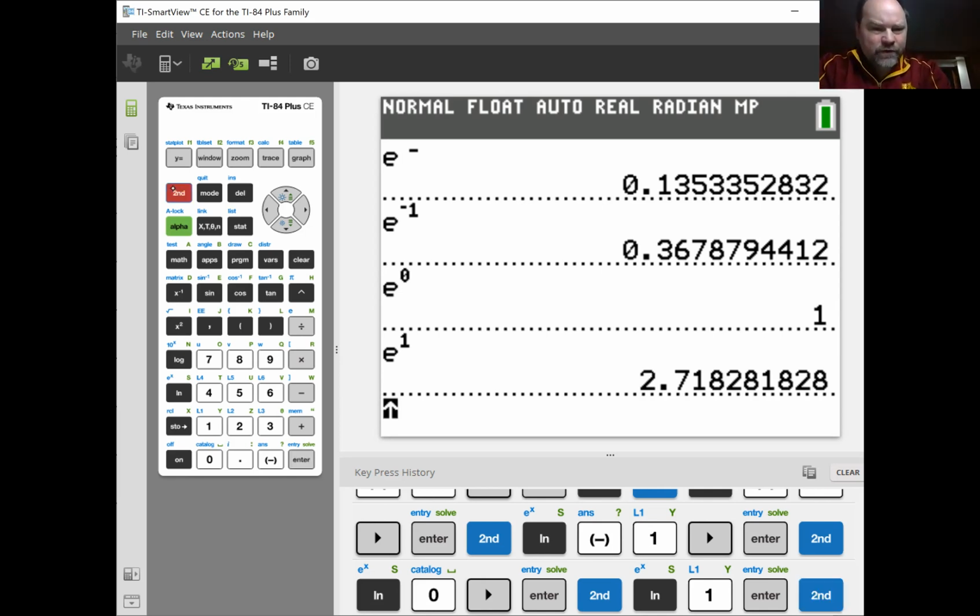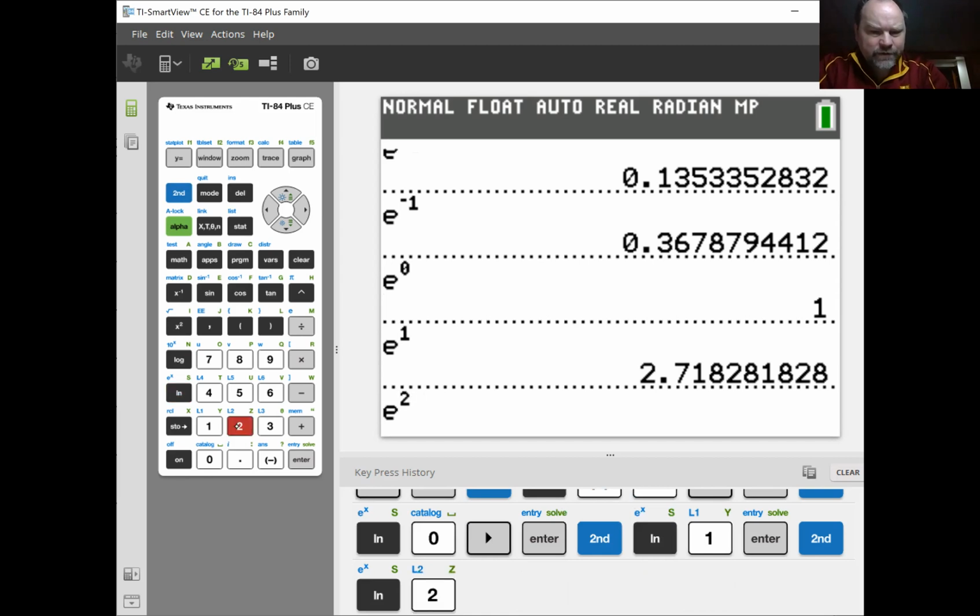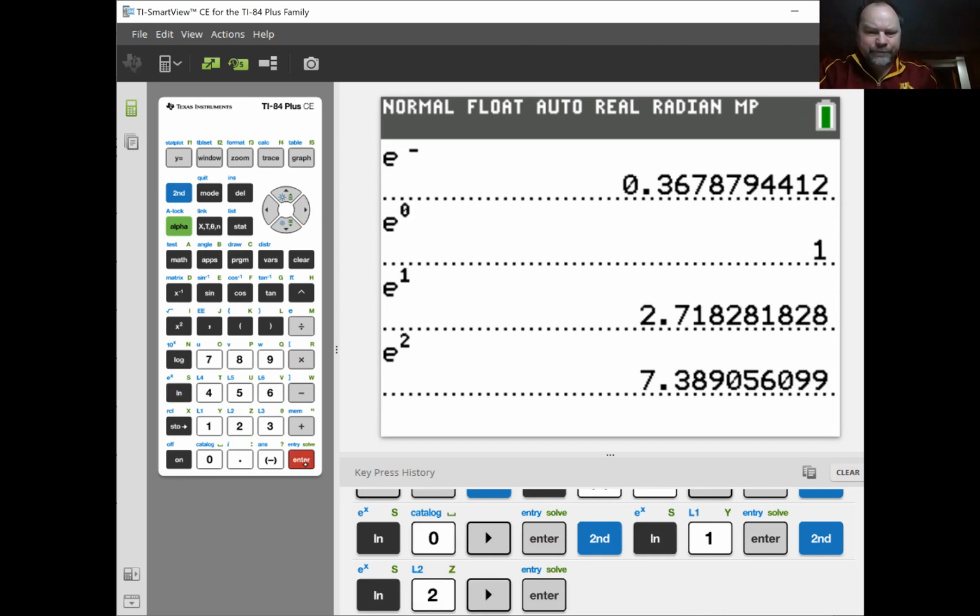And then e squared is 7.39 if I round. So just approximate values.